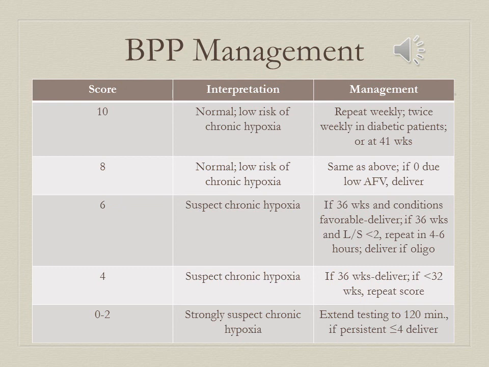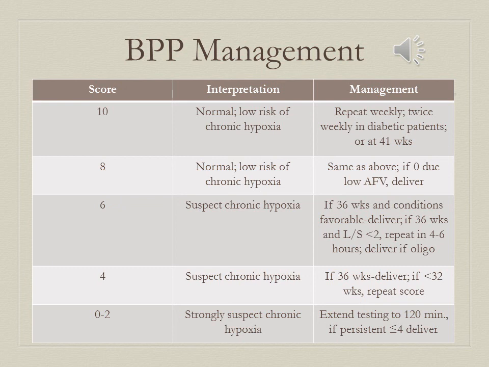If your score is 6, then there's 2 things that they got counted off on. So 6 is suspicious for chronic hypoxia. You want to look at the gestational age. If they're 36 weeks and conditions are favorable, if the fetal lungs are mature, you're not worried about respiratory distress, you want to go ahead and deliver, okay?